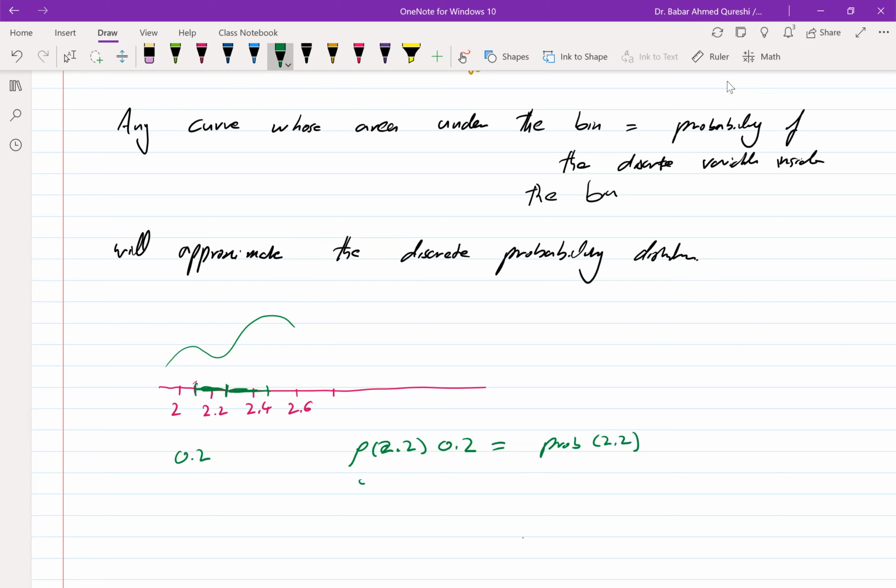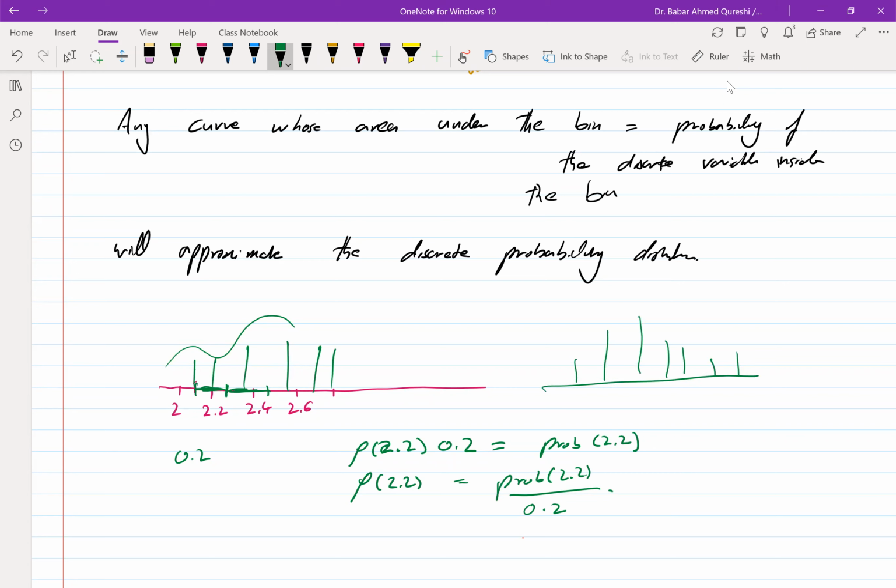That means the height of this function will not be equal to the probability. It will be scaled, but it will be proportional, depending on how big your bins are. Essentially, if you draw these, the shape will be similar to the function which is approximating. It will just be scaled up or down, but the shape will be exactly the same.